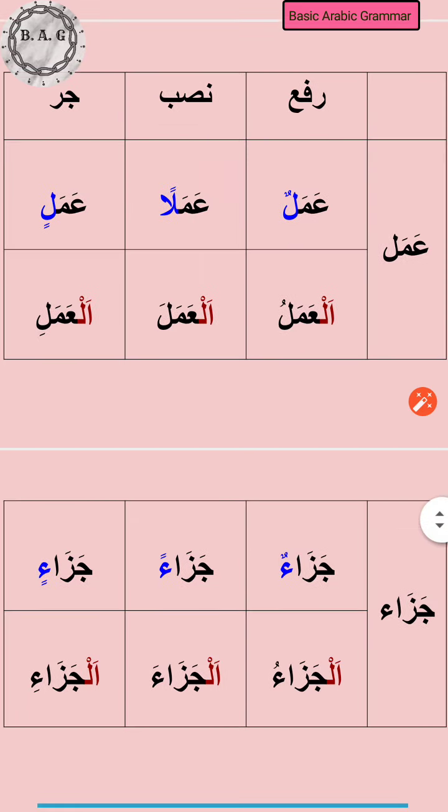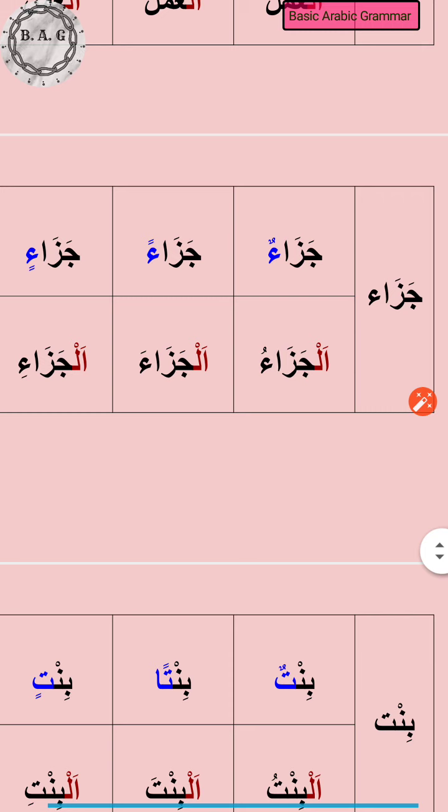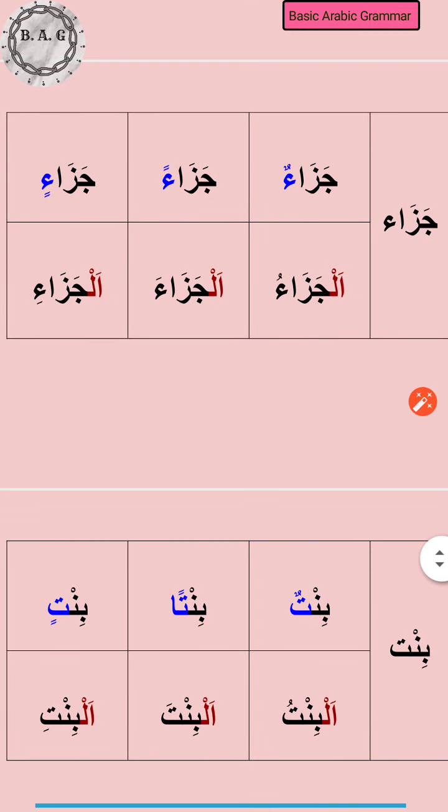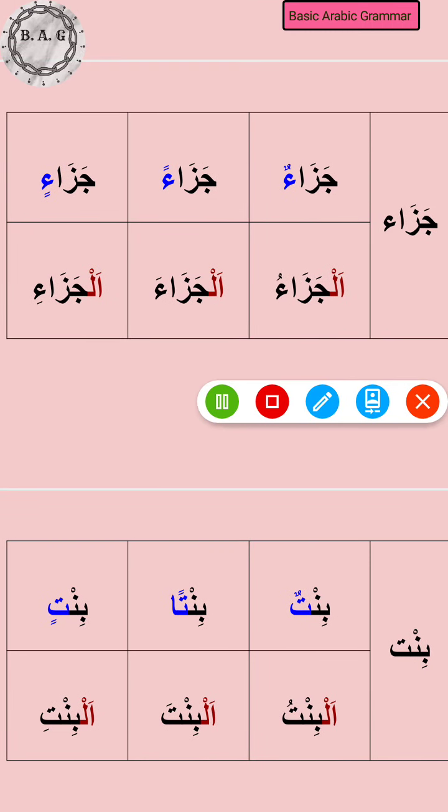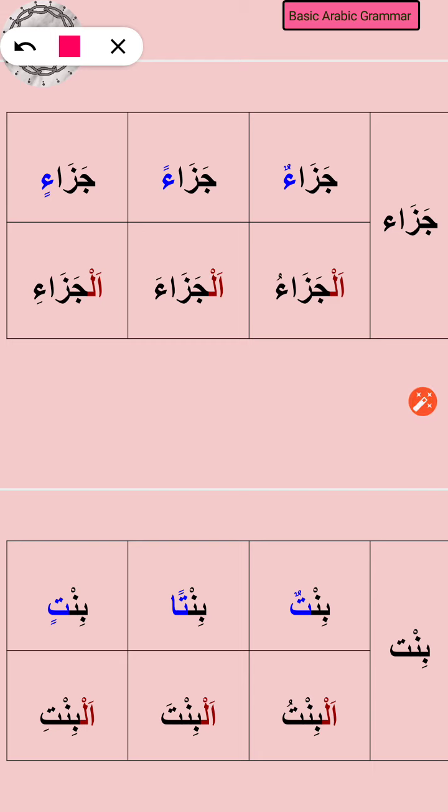Next example is jaza'un. Jaza'un means reward, a reward to be precise. So we have jaza'un, a reward, jaza'an without the post-tanween alif because of the hamza alif combo. So we have jaza'un, jaza'an, jaza'in. All of them mean a reward.